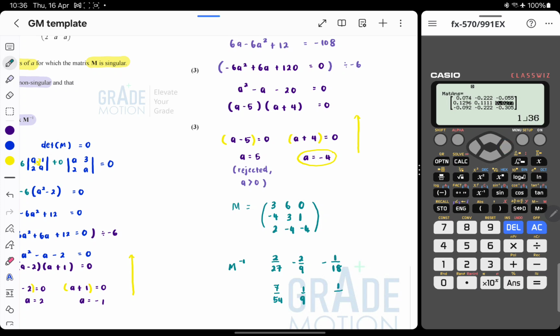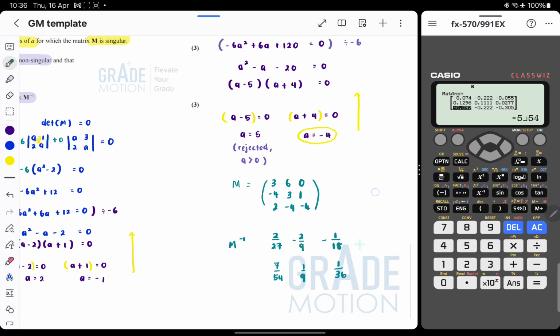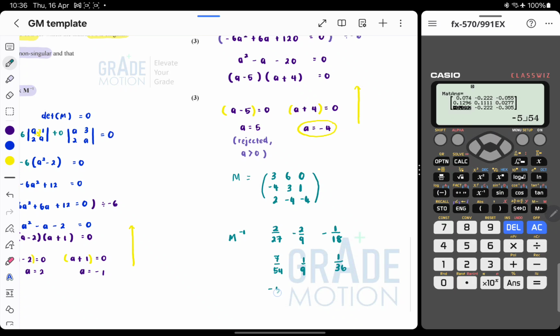Next, 1 over 36. Next, negative 5 over 54. Next, negative 2 over 9. Lastly, negative 11 over 36.